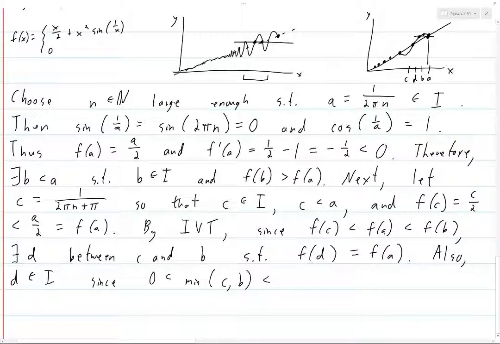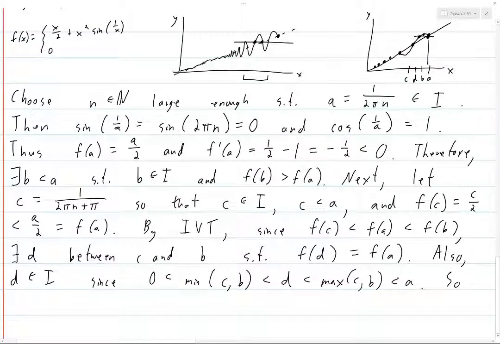D is greater than the smaller of the two, but it's also less than the larger of the two, which is less than A. And so D belongs to the open interval from 0 to A, which is a subset of the interval I.